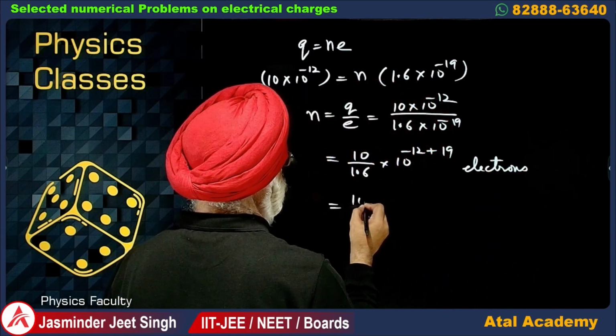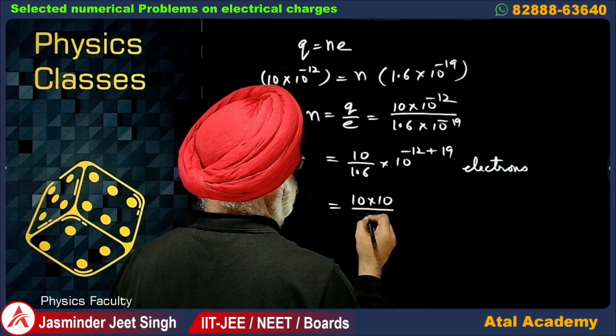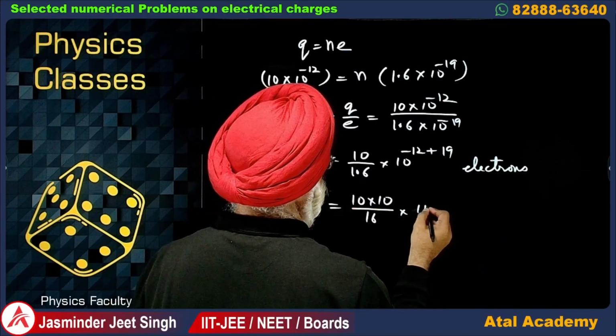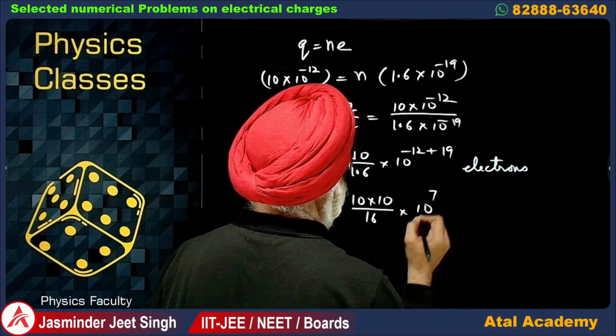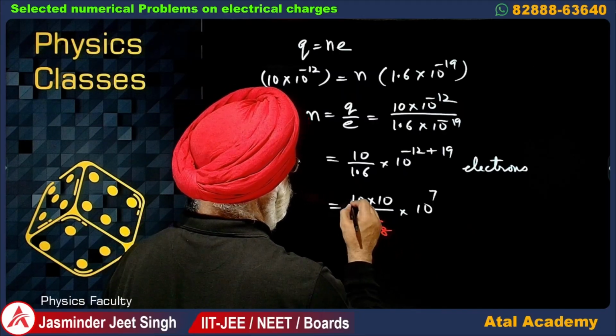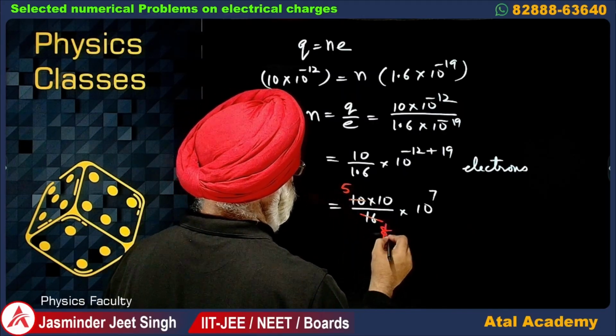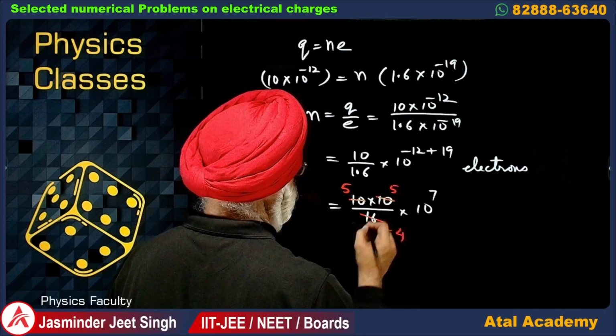It will be 10 into 10 upon 16 into 10 to the power of 7. 8, it will be 5, 4, it will be 5.